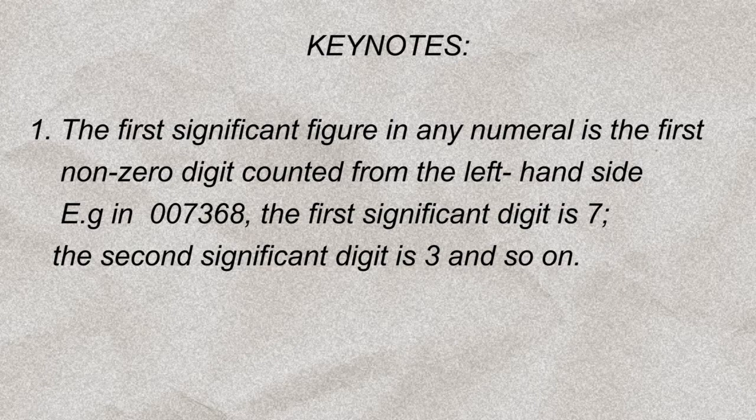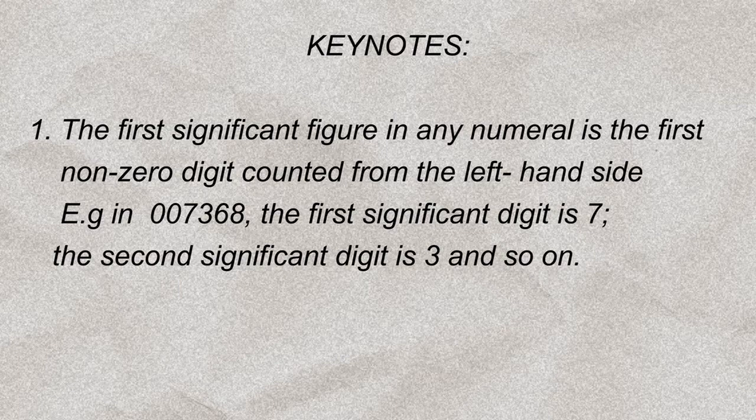If given the value 007368 and you are asked to look for the first significant figure, the first significant figure there is digit 7. Now looking at the second significant figure, you can see that the second significant figure is 3, and so on, as the case may be.